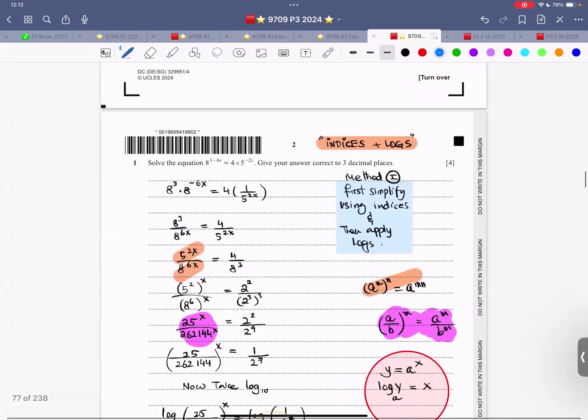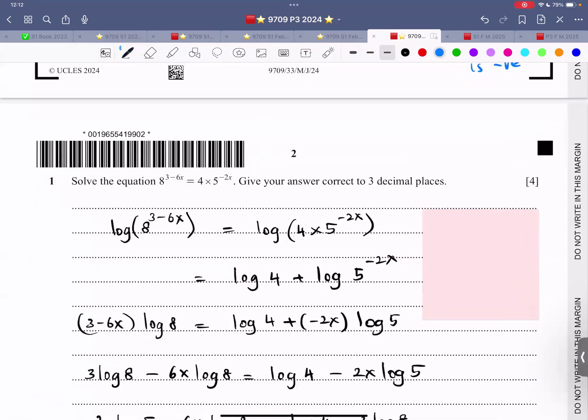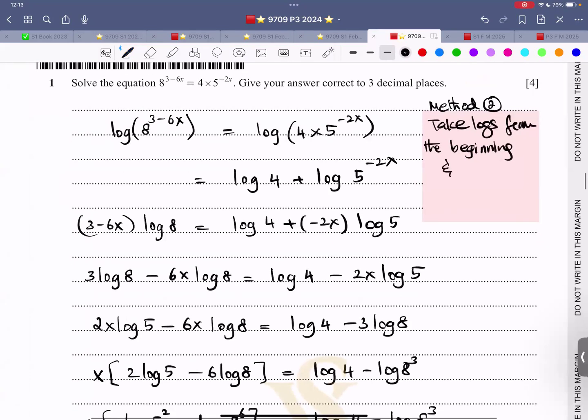Now, let's go to the next approach. The same question done in method number 2. So in method number 2, take logs from the beginning, and I think most people apply this concept. Take log from the beginning and then proceed.